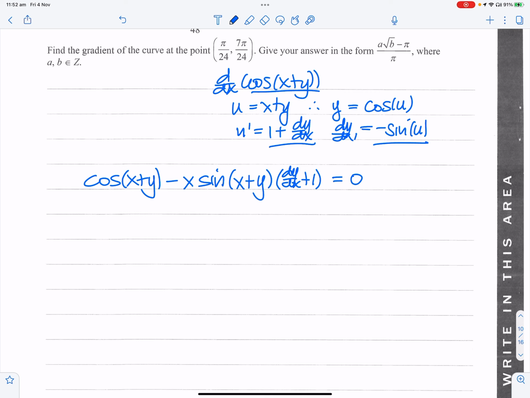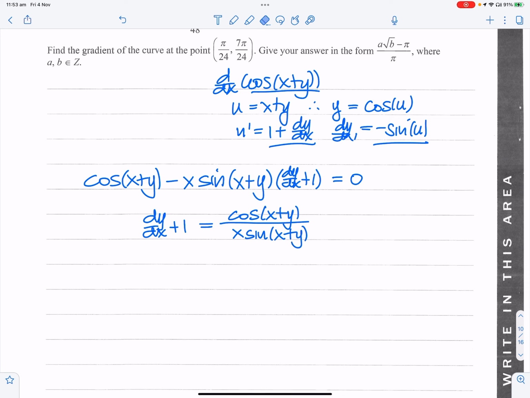Let's bring the cos(x + y) to the other side and divide it by x sin(x + y). So we get dy/dx + 1 is equal to cos(x + y) over x sin(x + y). I'm not going to make that negative because when I divide by a negative, they cancel.